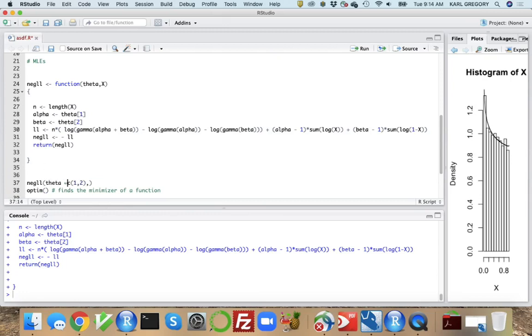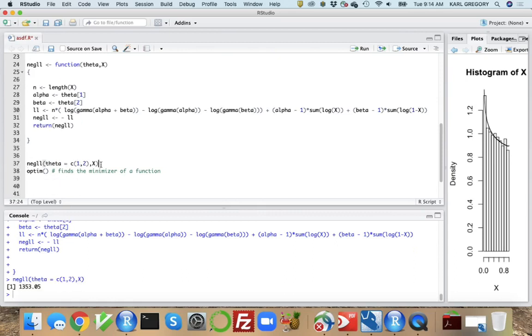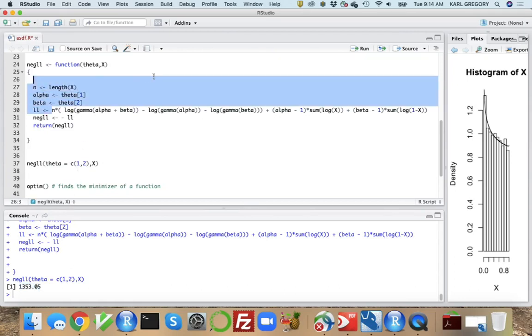So I'll say theta equals 1 and 2, and x is my data. And so my function just computes some value which represents all of this evaluated when I put in alpha equals 1, beta equals 2, and the data x.